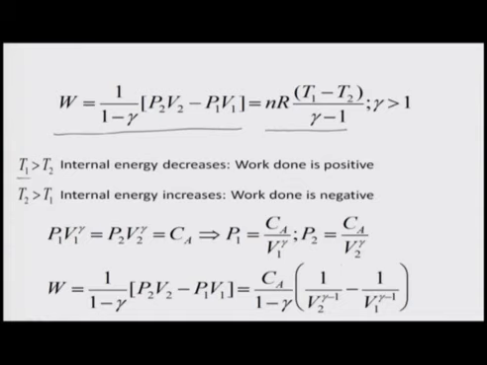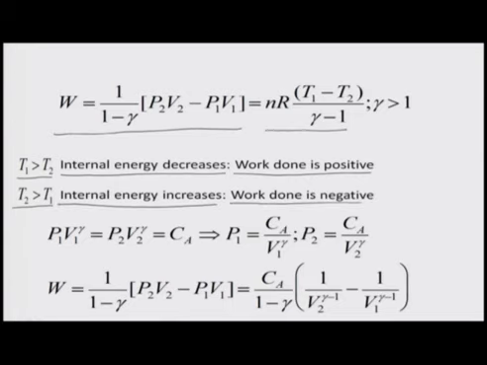If T1 is greater than T2, that means you are going to a lower temperature, internal energy definitely will decrease, because it is a function of temperature, rather proportional to temperature. Work done is positive. If T2 is greater than T1, which means you are going to a higher temperature, starting from the lower temperature, internal energy will increase and work done is negative.